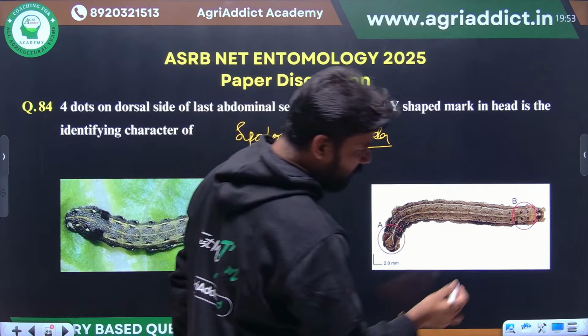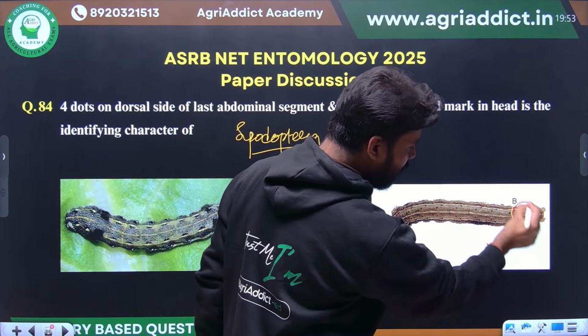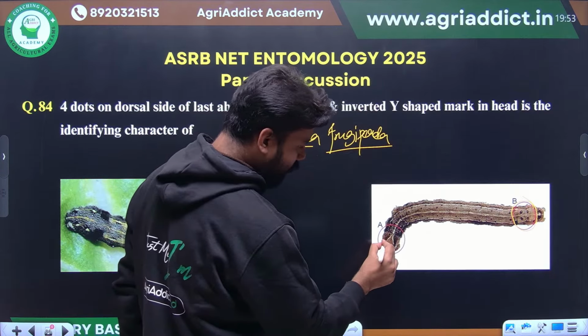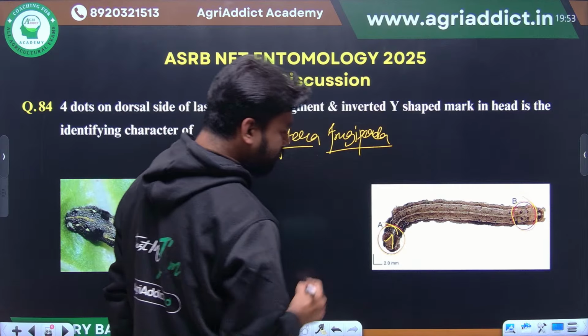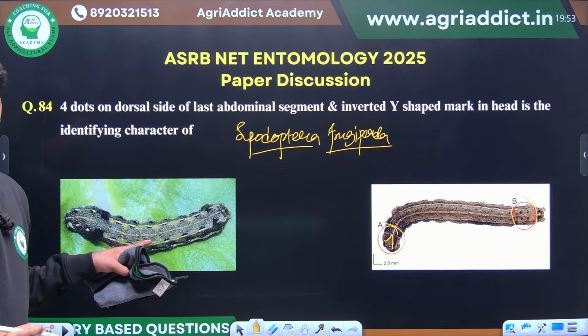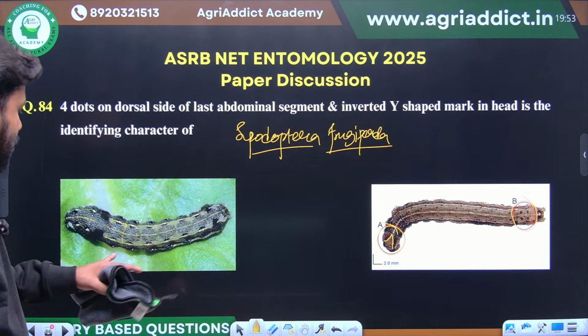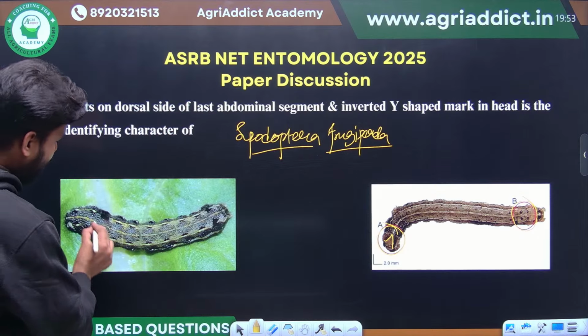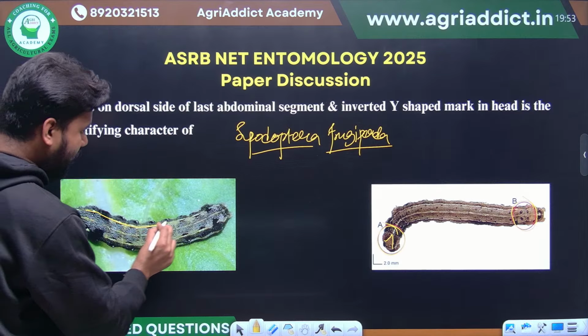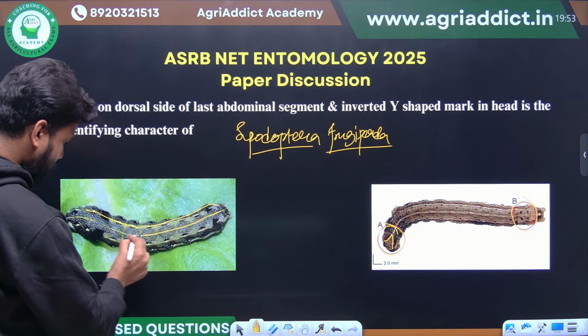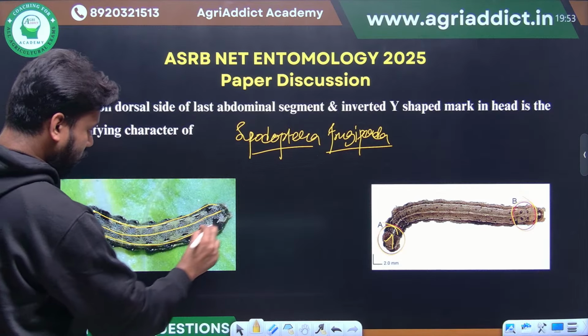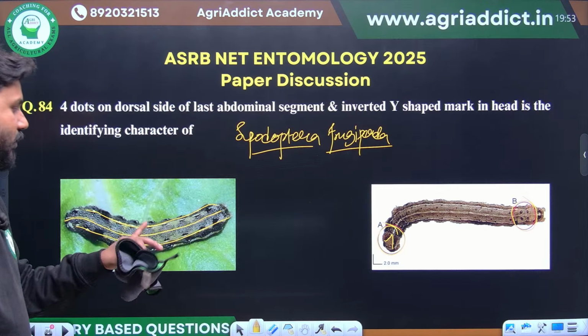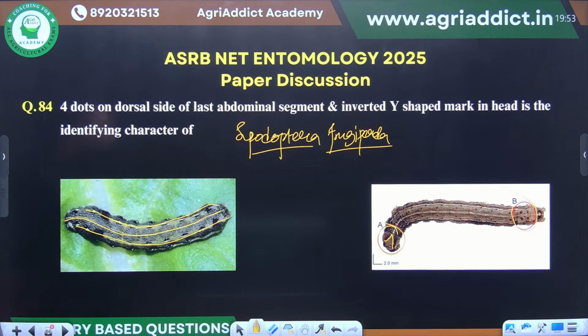Here you can see four dots on the last abdominal segment, and this is the Y-shaped mark on the head. And this is the larva of Litura. In Litura, you can see these longitudinal markings. So this is the difference between Litura and frugiperda larva.